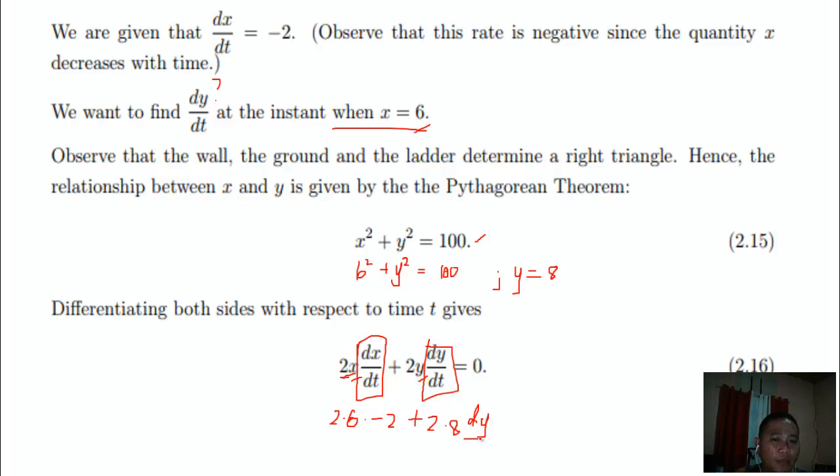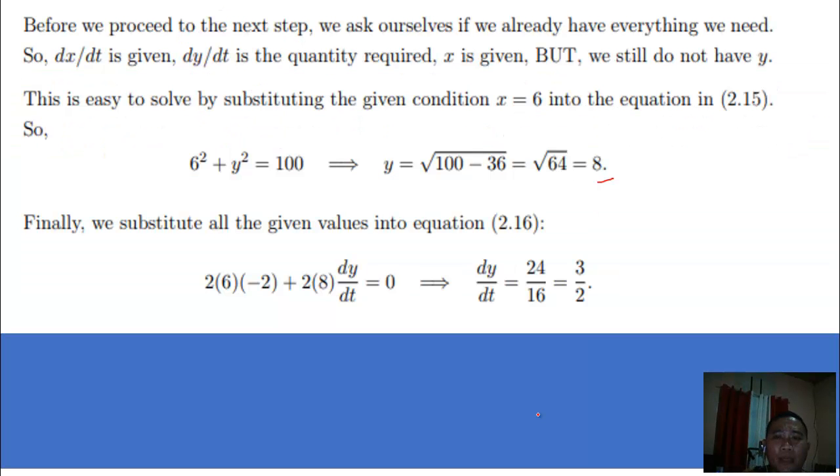We transfer everything to the other side, and you get dy over dt equals negative 24. When we move it, that becomes positive 24 over 16, and that divided by 8 gives you 3 halves or 1.5. The vertical is increasing, positive, so the top is increasing at 1.5 meters per second.